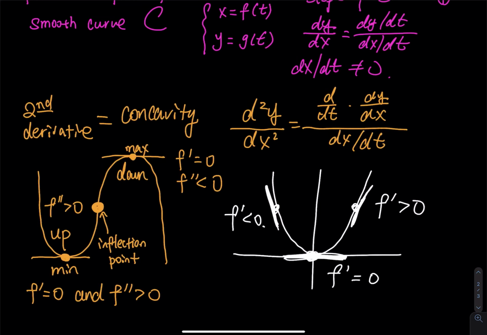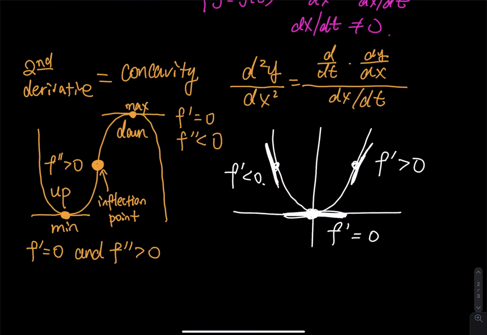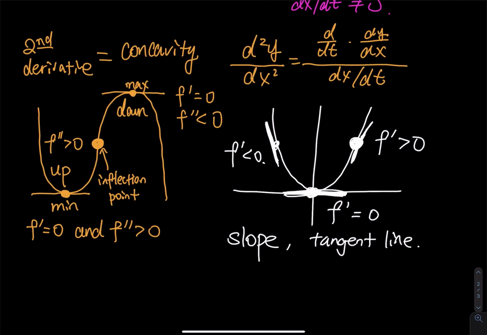So every time you find the slope at this point, let's say the slope at this point has a value, right? And then you can use that value, which is the slope, to build a tangent line, the equation of a tangent line. Of course, to build a straight line, what ingredients do you need? You need a slope and you need a point.